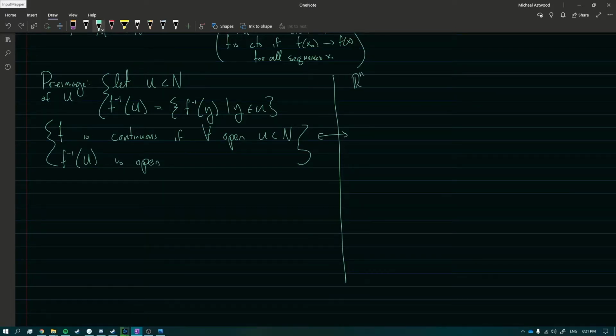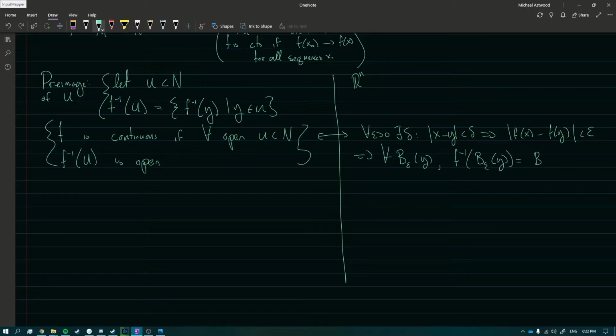So let f be a continuous map on Rn, then for all epsilon greater than 0, there exists some delta such that whenever x and y are within delta of each other, f of x and f of y are within epsilon of each other. So this means that for all epsilon balls centered around some point y, f inverse of this epsilon ball is the same as some delta ball around f inverse of y.